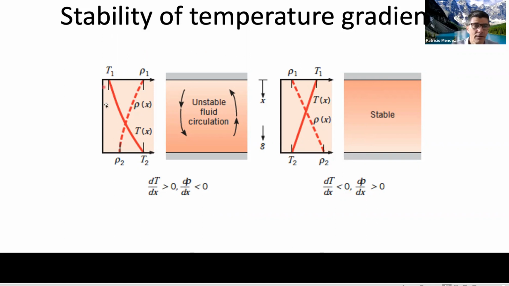Now let's look at the other case, in which the top is colder than the bottom. Now we have at the bottom the hotter fluid, which we assume has lower density, and if it has lower density it will want to go up by buoyancy.